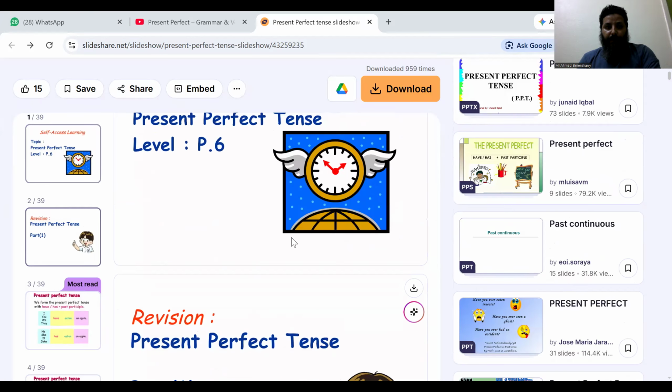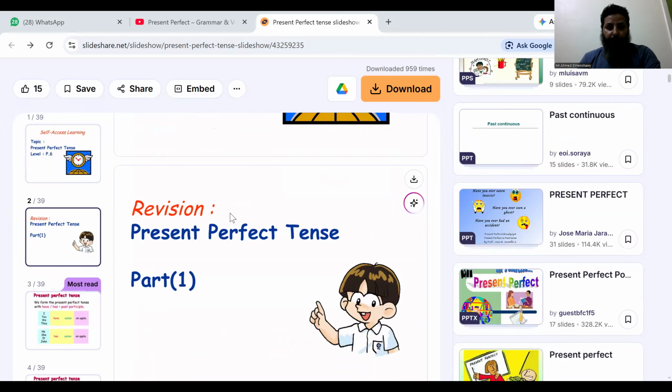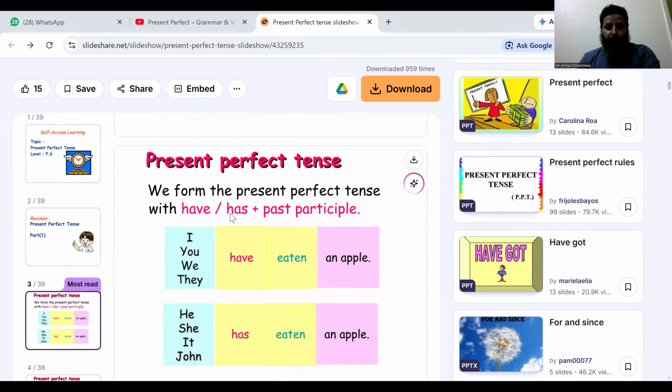Okay, boys. Now, here, as I told you, we use the auxiliary verb have with I, you, we, they, and the plural subject, such as the students, the boys, the girls.